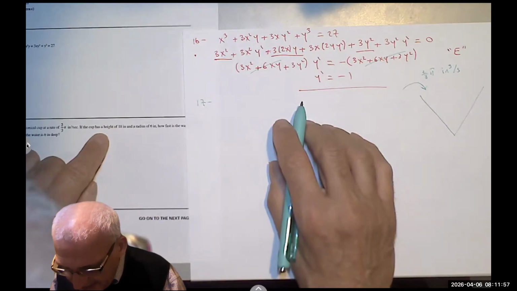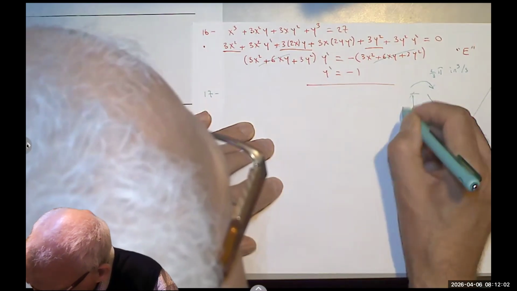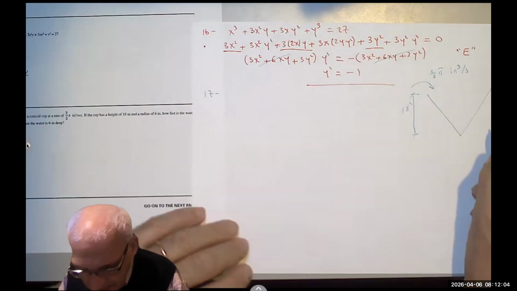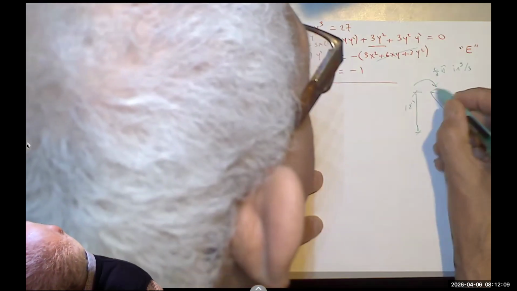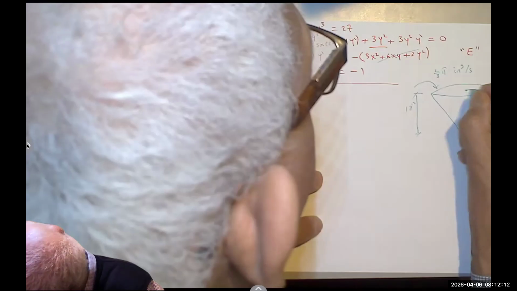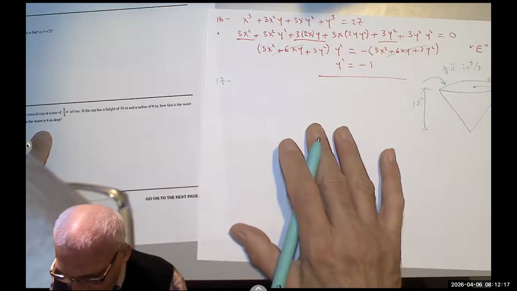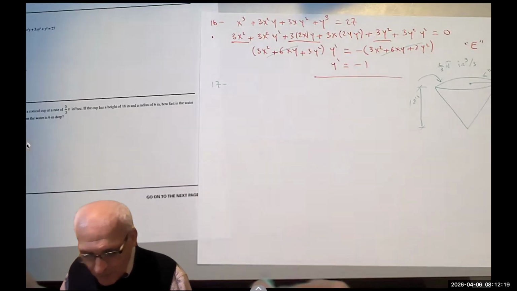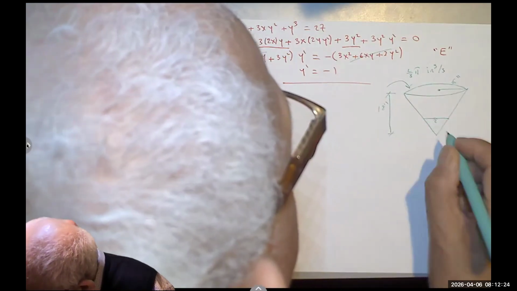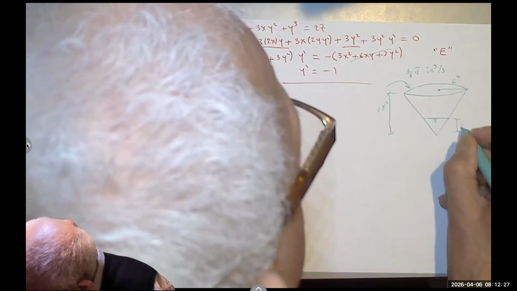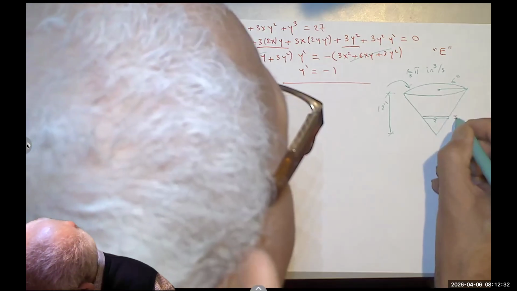If the cup has a height of 18 inches and a radius of 6 inches, how fast is the water level rising when the water is 6 inches deep? So if the water here is 6 inches, we want to find dh.